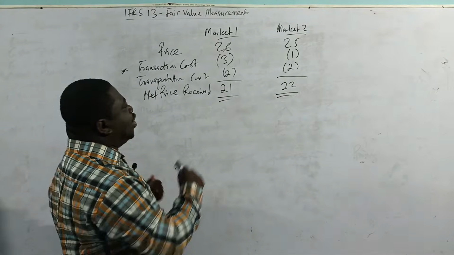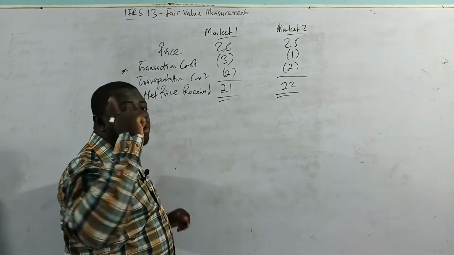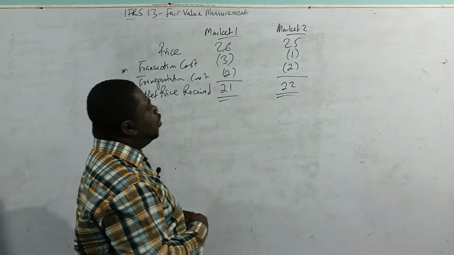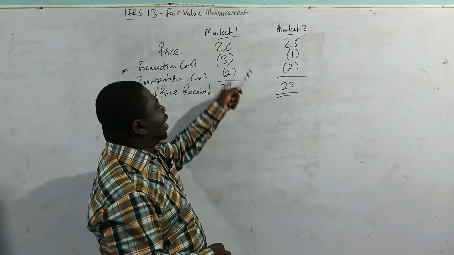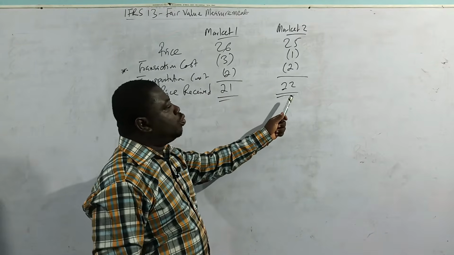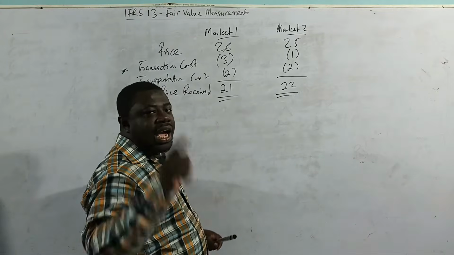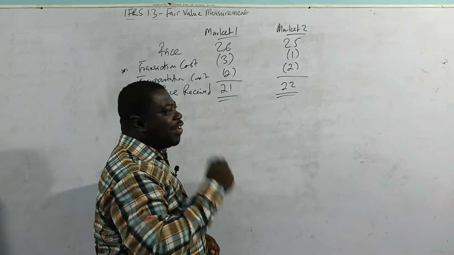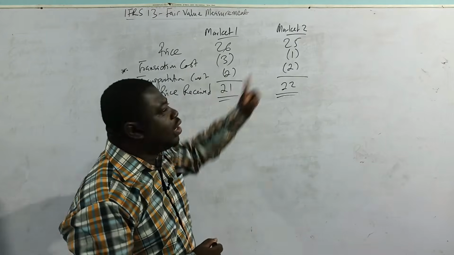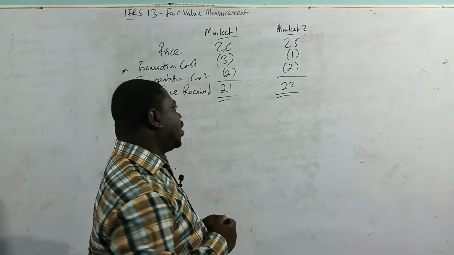So, in determining whether market 1 or 2 is the most advantageous market, you realize that we have subtracted the transaction cost to make us understand that market 2 will give us a higher net price received. However, if we are doing the actual valuation, we are not going to include the transaction cost. Let me solve it and you understand.